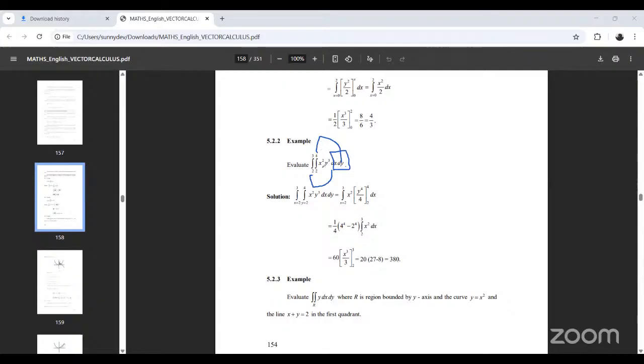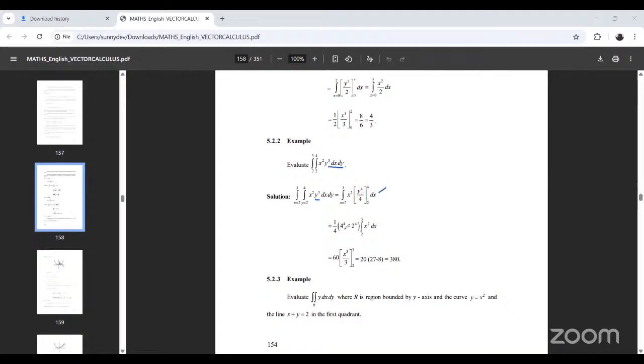If they are not mentioned, note that first they have given dx, so we can do the integration with dx or with dy. Here we first do the integration with dy, with x squared dx outside. The integration of y cube is y power 4 by 4, with limits 2 to 4.